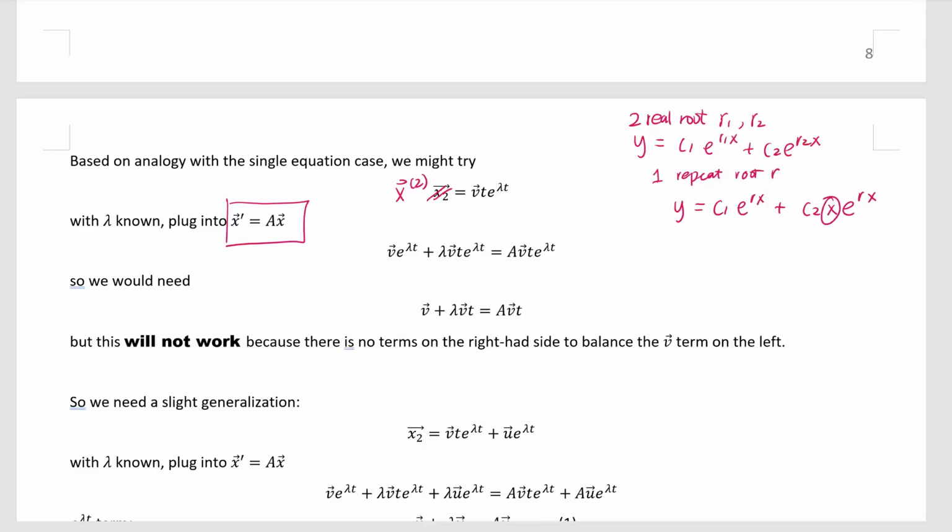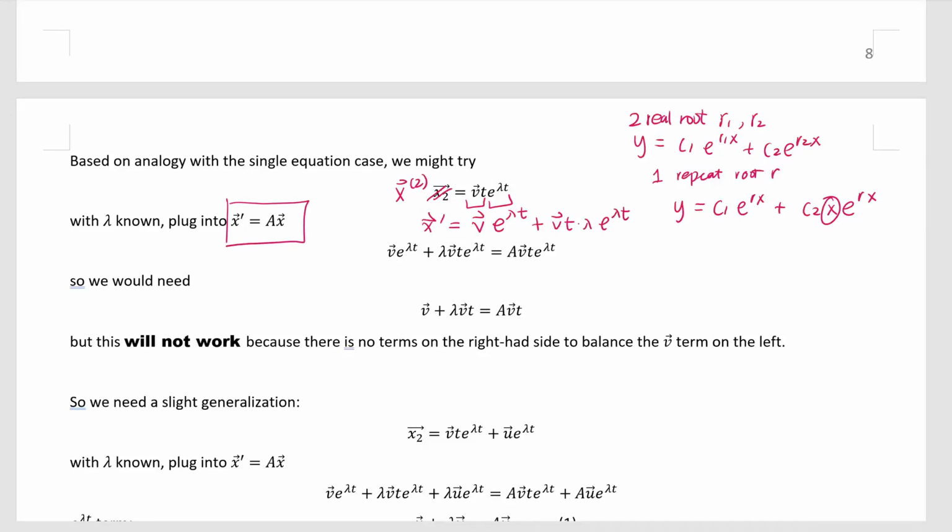What's x prime? Because we have a product, we need the product rule: the derivative of the first guy, so the derivative of vt is just v, because the t derivative of t is 1, times the second guy, plus the first guy times the derivative of the second guy. The derivative of e to the lambda t is lambda e to the lambda t.